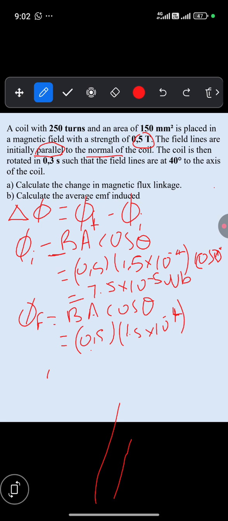Then cos of, they said 40 degrees to the axis, which means it's the normal. So axis means normal, and the angle is the normal 40 degrees. We are using the normal 40 degrees. So that is cos 40 degrees.